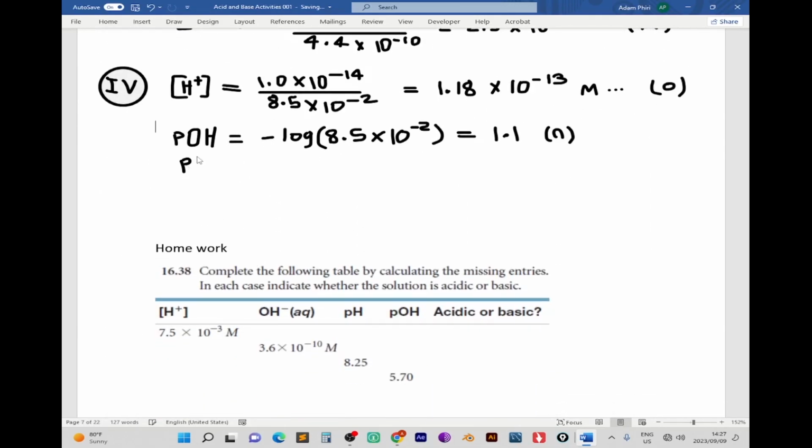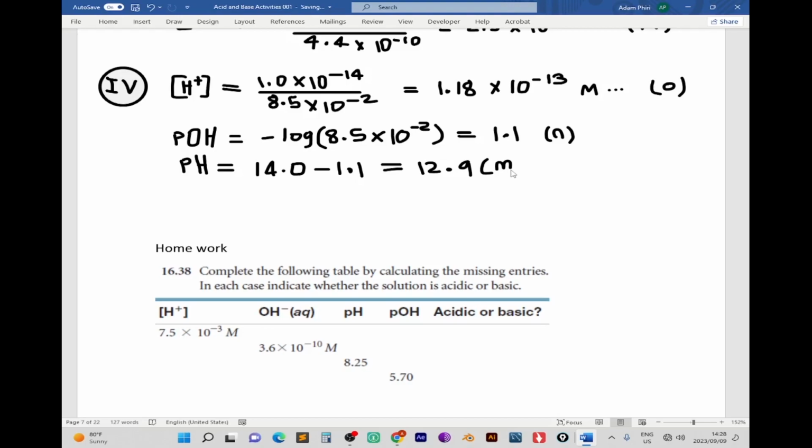And then next we have to find the pH. So pH there will be 14.0 minus 1.1. Remember that pH plus pOH is constant, so 14 minus 1.1 gives us, I think, 12.9.